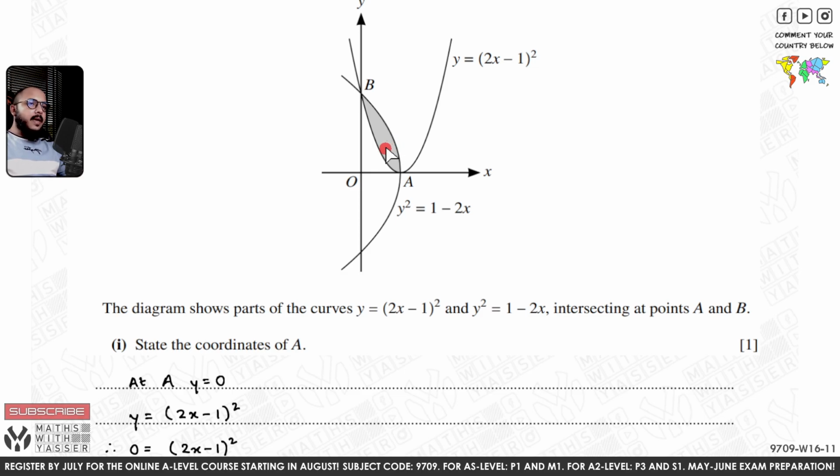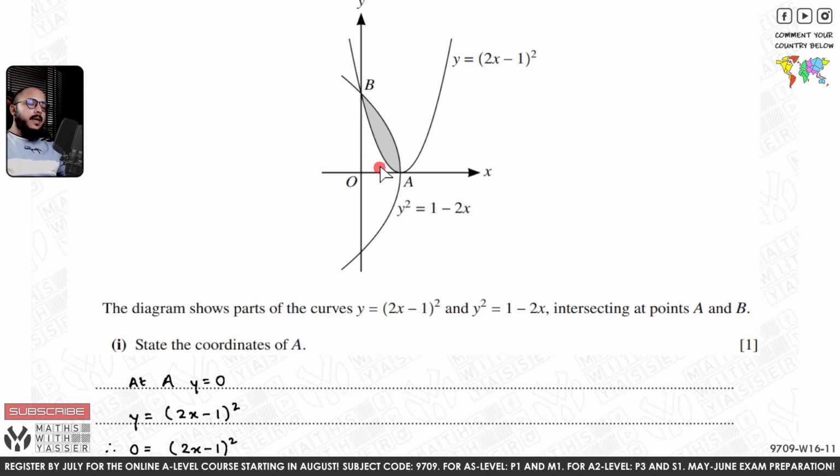And while doing that, we get the area between the curve and the x-axis. So if we find the area using the curve y square equals 1 minus 2x, we will be getting the area between the curve and the x-axis, this whole region.